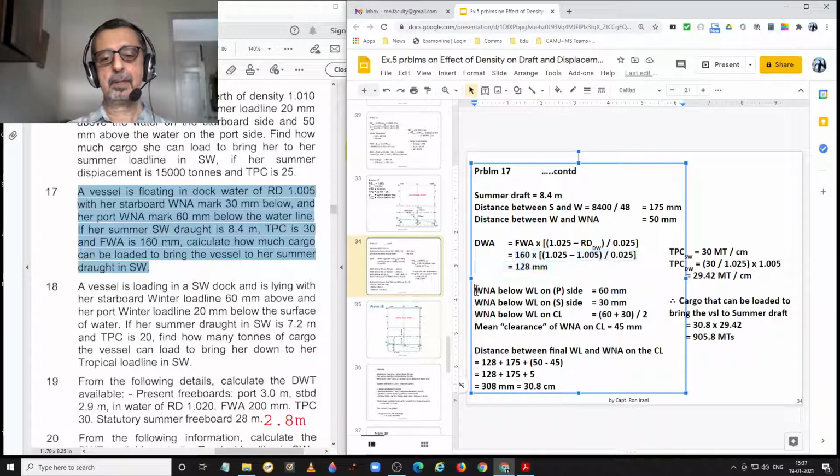We know that the winter North Atlantic mark below the waterline on port side is 60 millimeters and on the starboard side is 30 millimeters. Therefore, on the center line, it will be equal to 60 plus 30 divided by 2. The mean clearance of the WNA mark on the center line is equal to 45 millimeters.